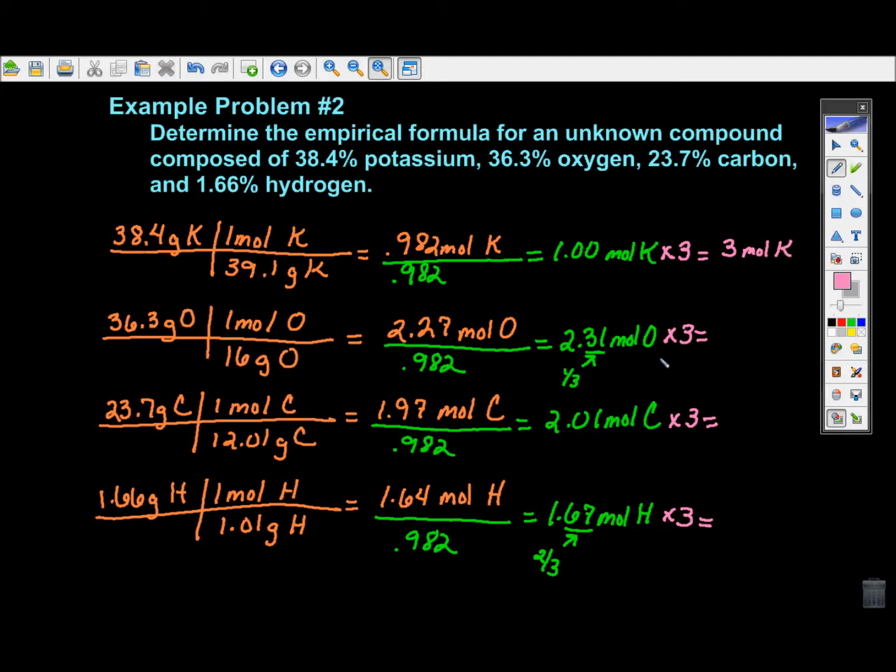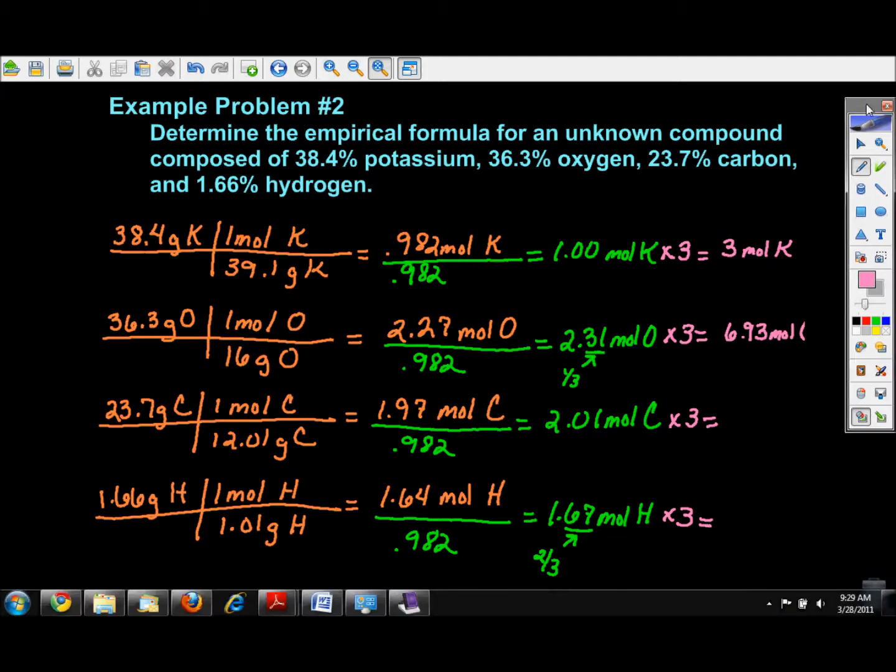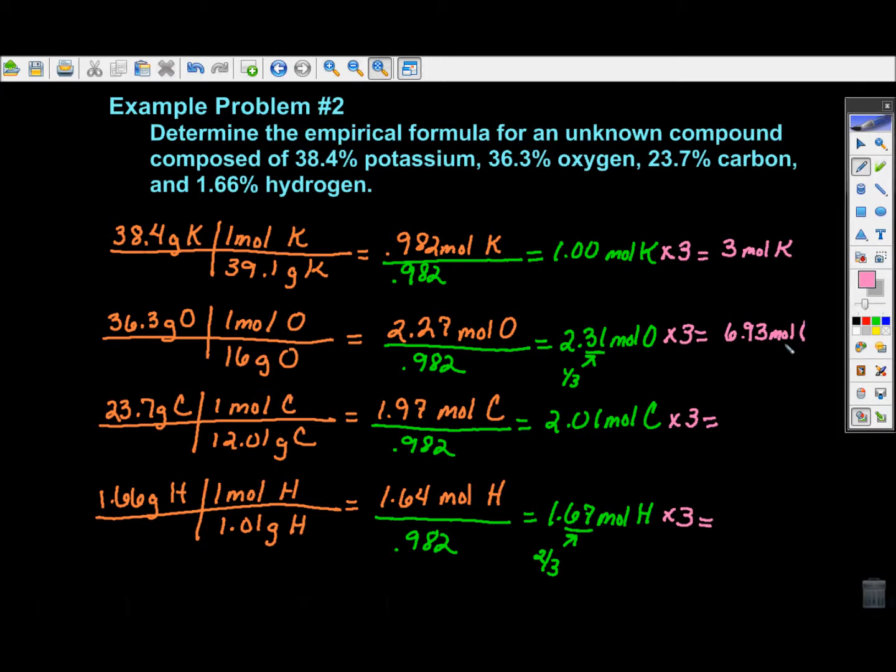And right here, 2.31 times 3 is going to give you 6.93, which is very close to a whole number, and I can round that one. Oh, it's not going to let me write there. That's okay. That's moles of oxygen. And then right here, that's going to be exactly 6. 2.01 times 3 is 6.03, so that's close enough to round. 6.03 moles of carbon.